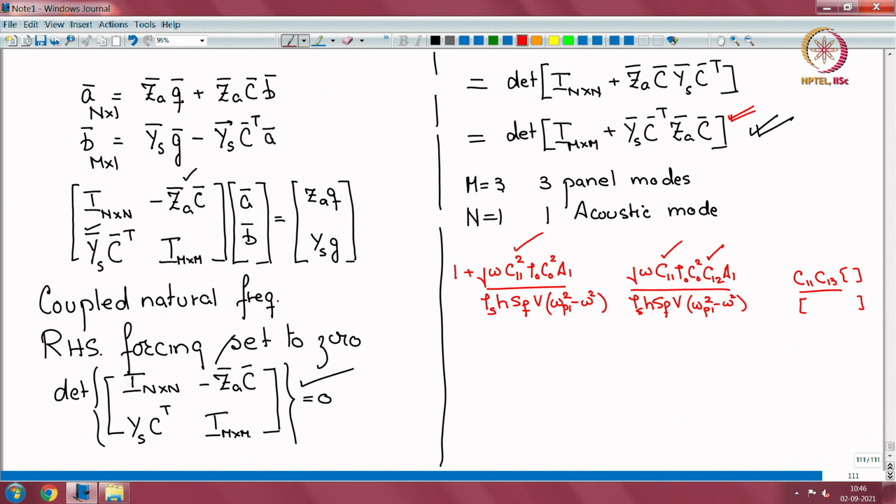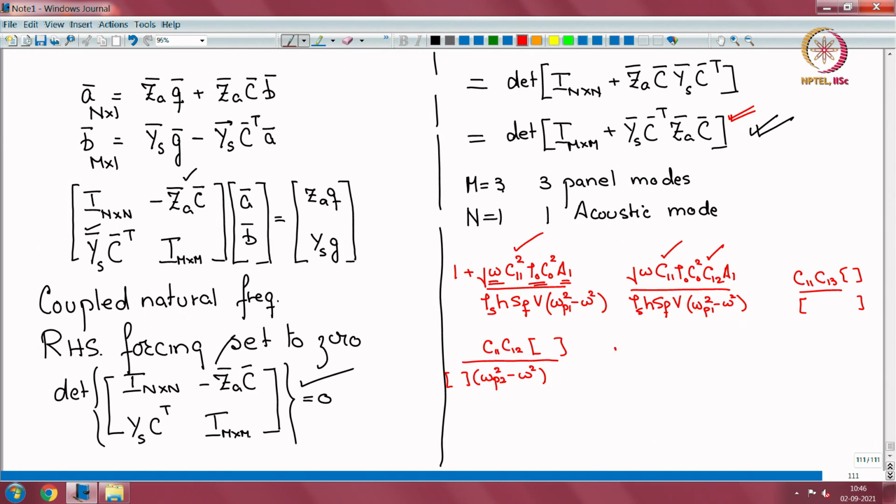And in here the 1 will not be there, so you will have C11, C12, and all other constants and omega P2 square minus omega square and all other constants in the numerator, j omega rho 0 c0 square a1 etc.